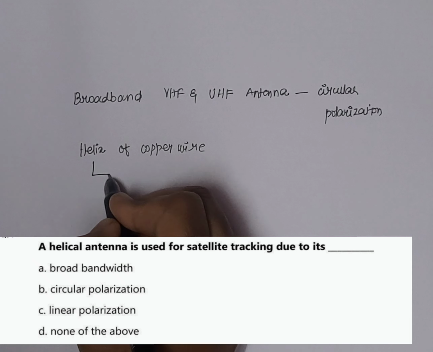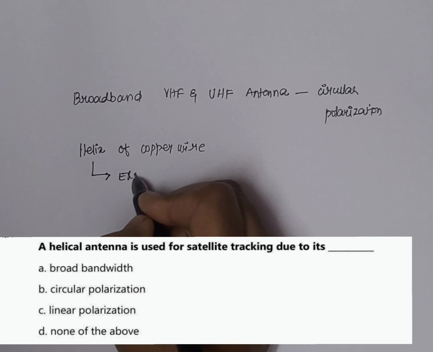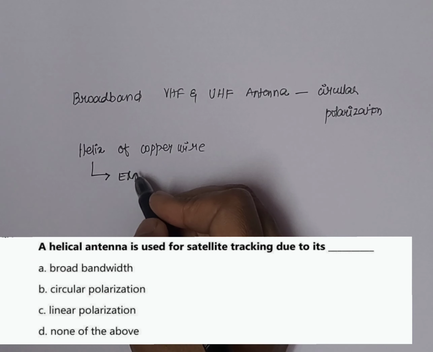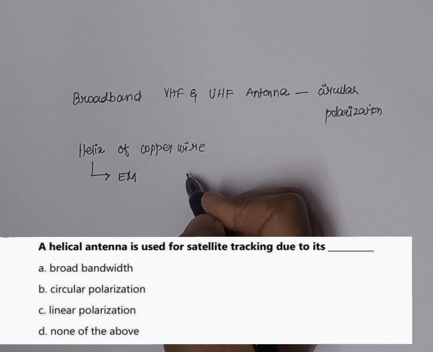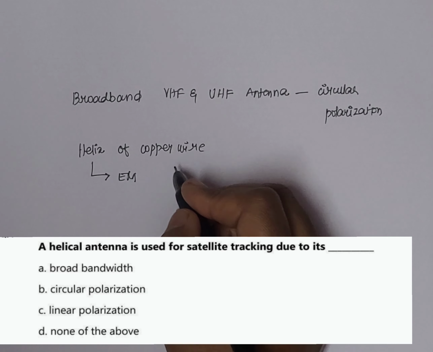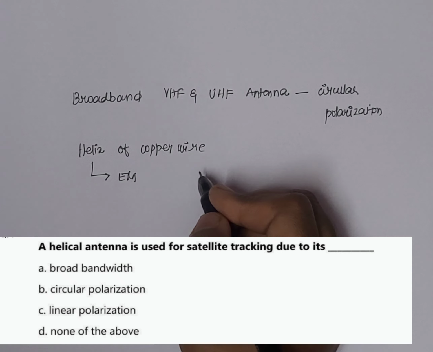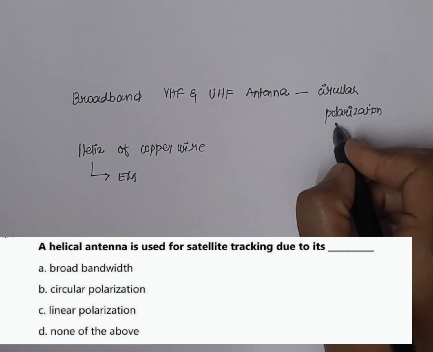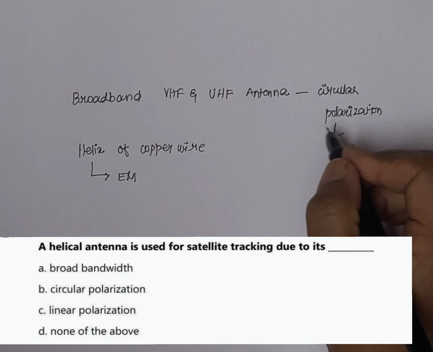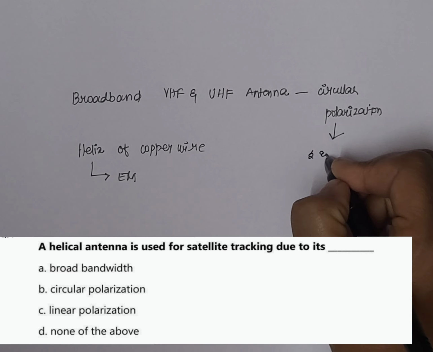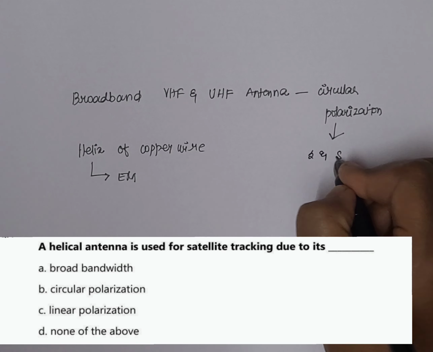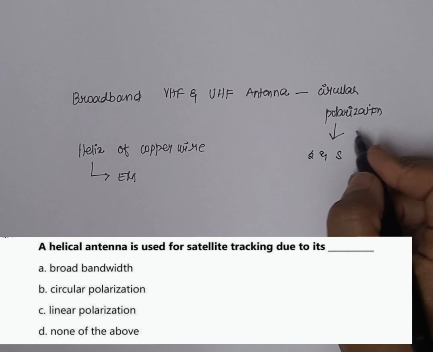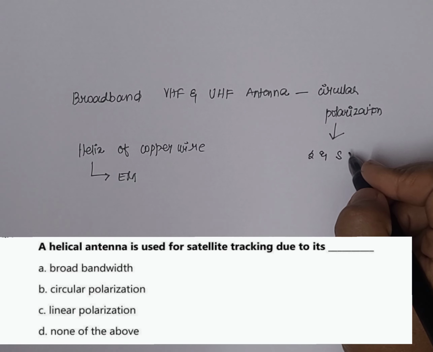This helix will have electromagnetic properties because of which the left and right circularly polarized light travel at different velocities. This causes what is called Faraday's effect. This circular polarization is used for satellite and space communications, as the polarization rotation of waves is produced by the ionosphere.